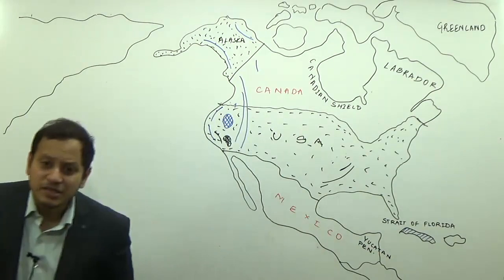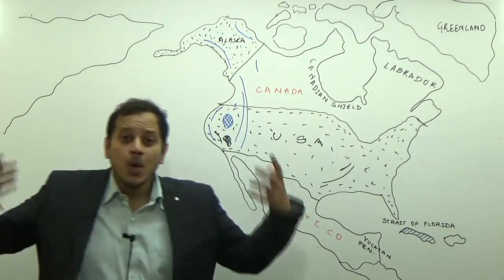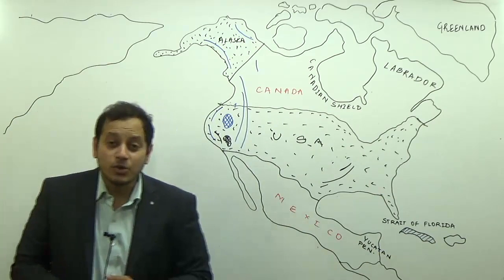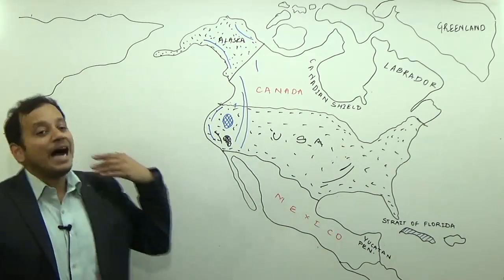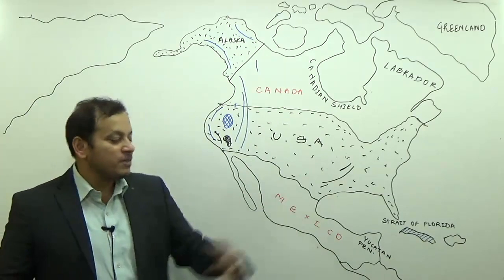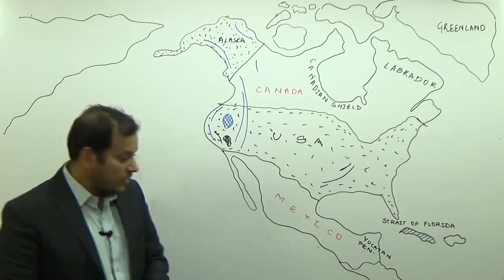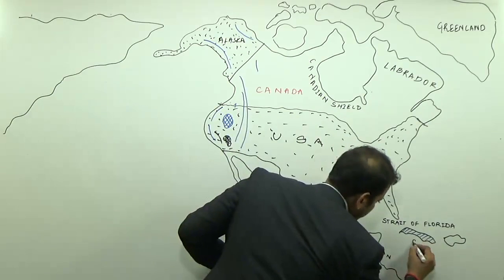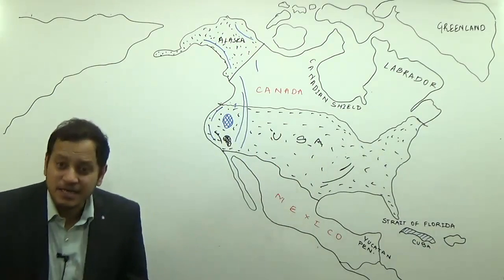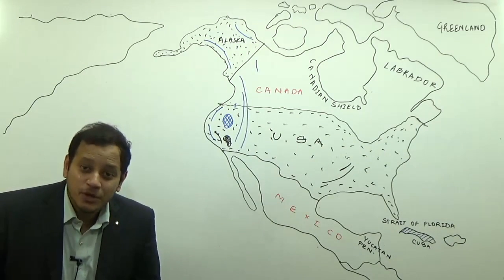So the second question UPSC may ask you is, where is the Yucatan Peninsula located? And you know that the Yucatan Peninsula is located in Mexico. And what separates Mexico from Cuba? This country is Cuba. So the Yucatan Channel separates Mexico from Cuba.